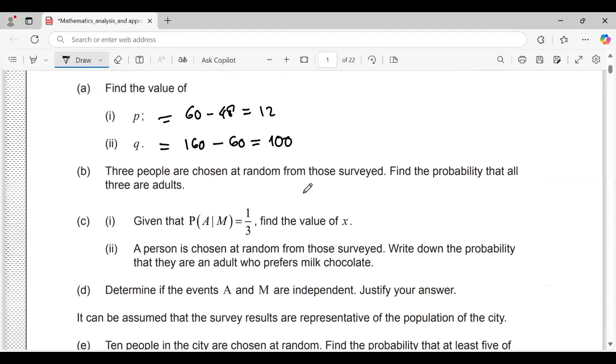Three people are chosen at random from those surveyed. Find the probability that all three are adults.